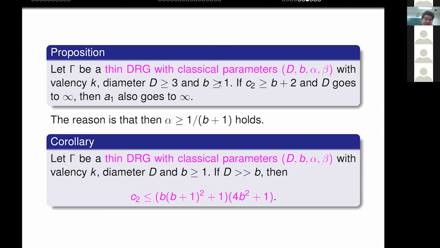So as a consequence, we get the following. If the diameter is very large compared to b, we don't care what alpha and beta are. It only depends on d and b. It has nothing to do with alpha and beta. Then c2 is bounded by this function in b, about 4 times b to the power 5.